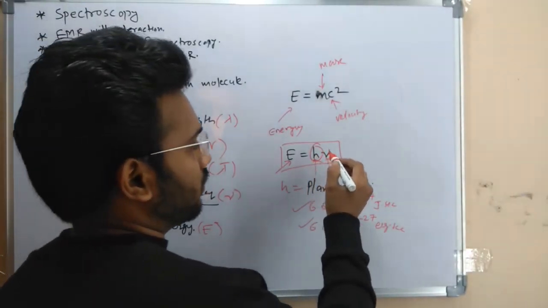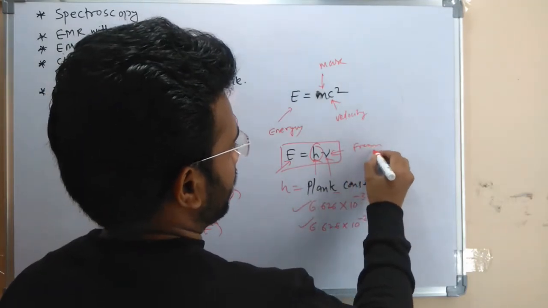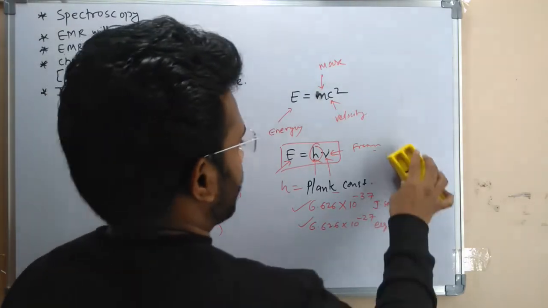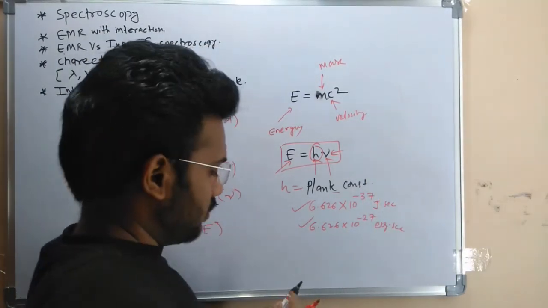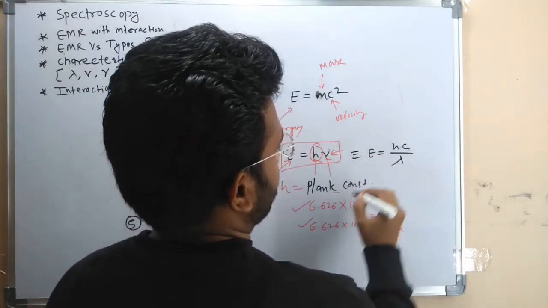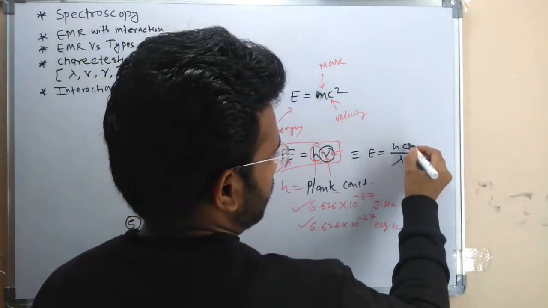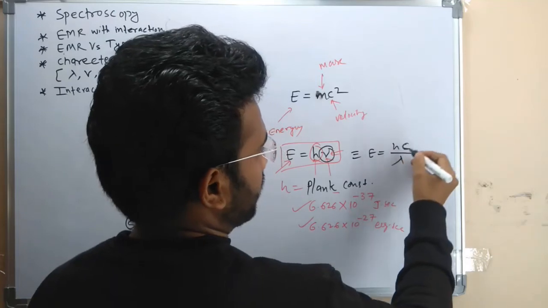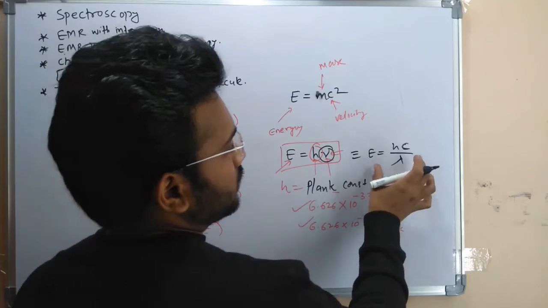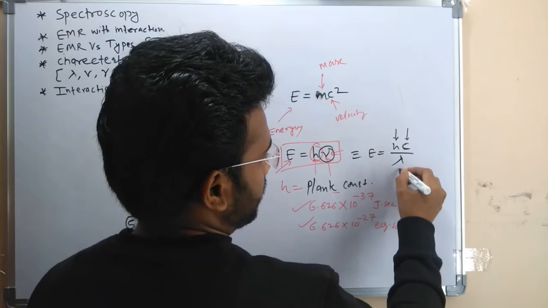Now next is nu. Nu means frequency. And this equation we also write as E equals hc by lambda, in place of nu, because frequency is directly proportional to the velocity and inversely proportional to the wavelength. Here h is the Planck constant, c is the velocity of light, and lambda is the wavelength.